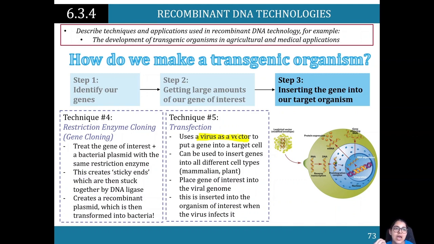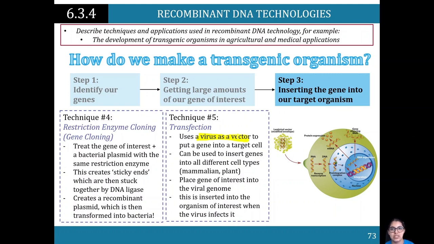Remember, viruses don't have their own machinery to produce proteins. So we're going to put a gene into the virus, and send the virus into the target cell, and the virus is going to hijack the machinery of the target cell.